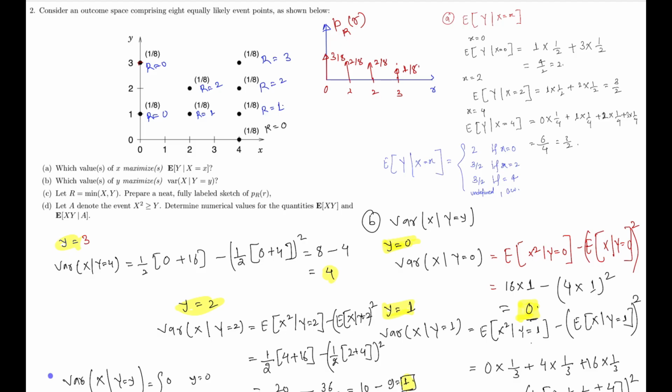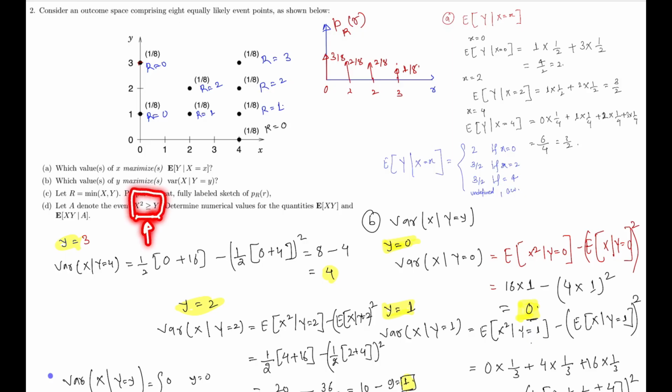Alright. Now let's move to part D. We have been given this event A, which we have defined as x square greater than y.